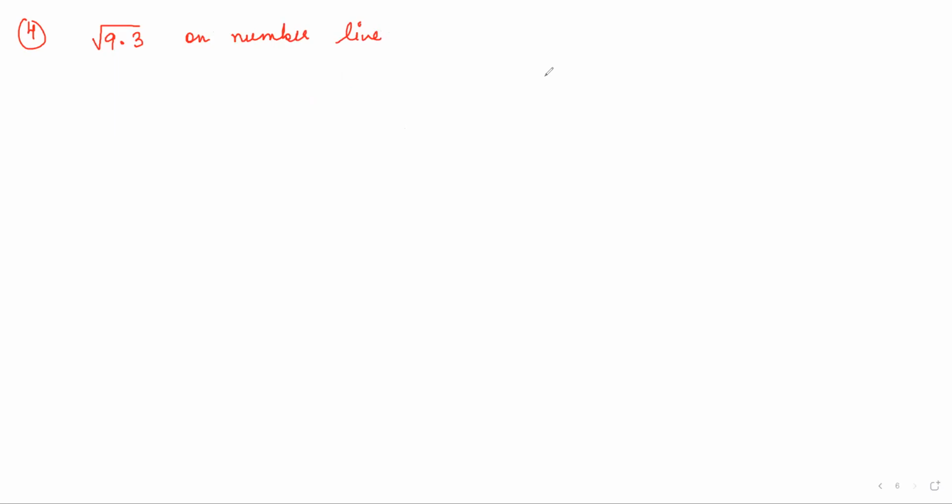If you want, I think it's only one question, so we can write the steps also so that you remember later on. Let me first of all explain, then I'll write the steps. So first of all, take a number line, right? Somewhere you have your 0, and negative numbers are also there. But because my number is positive, you don't have to draw a lot.